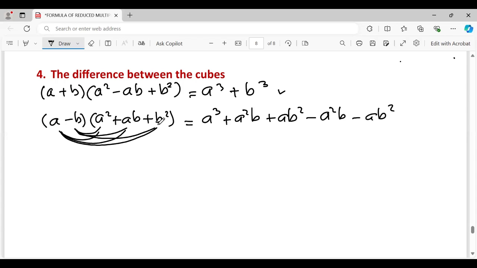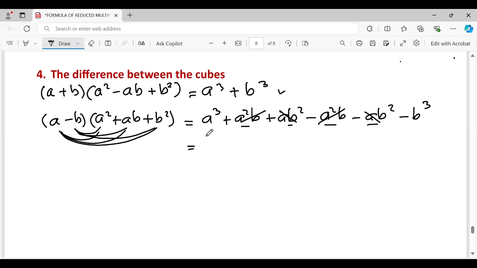Minus b multiply b squared is minus b cubed. A squared b minus a squared b equals 0. ab squared minus ab squared is 0.